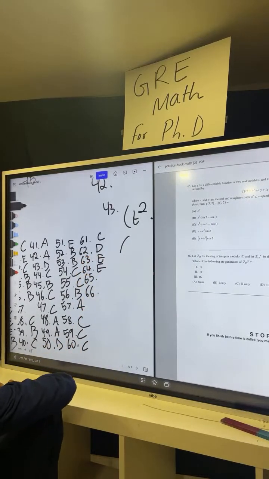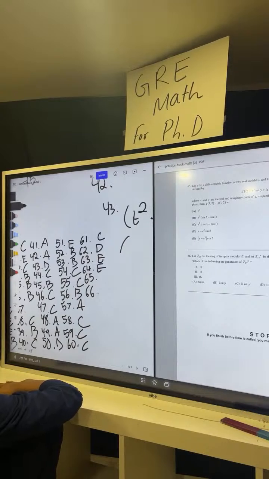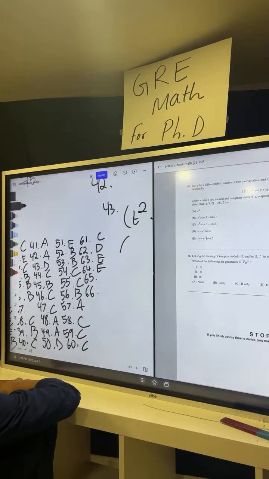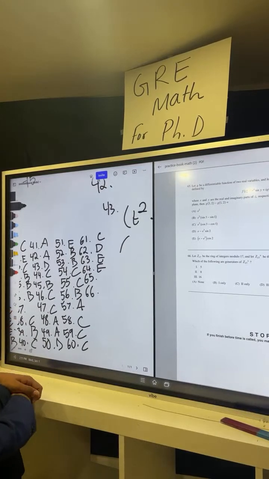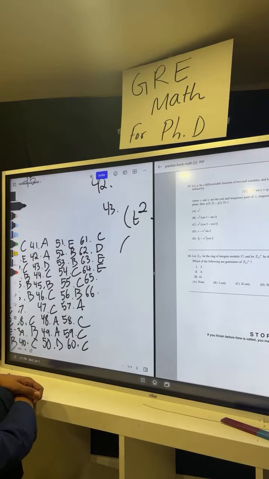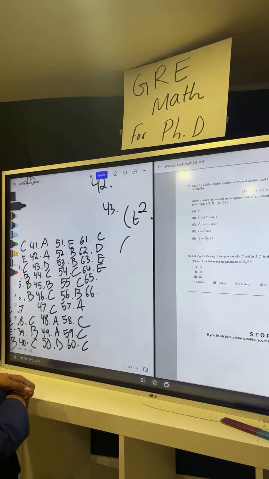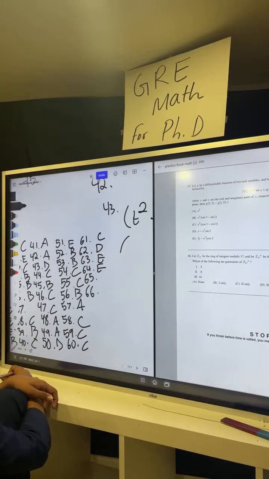And 65, let G be differentiable, let F be the function of a complex variable Z, defined by, holy crap. F is analytic.